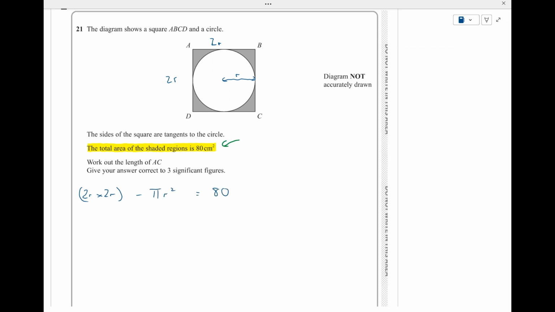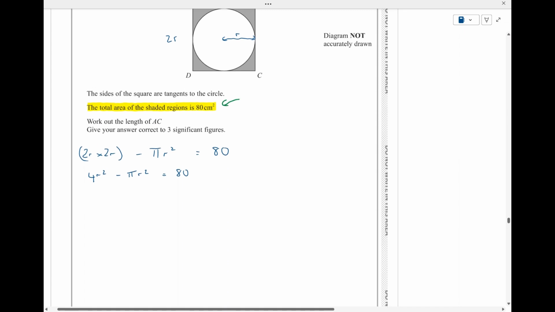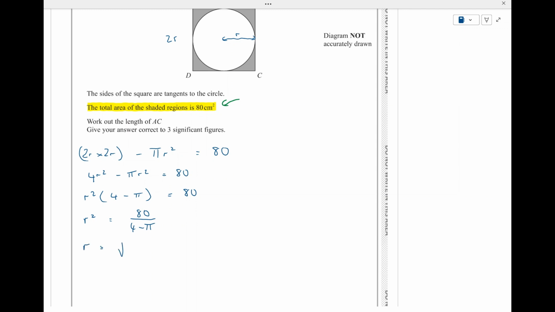And this equation now, we can solve for r. So we're going to have 4r squared minus pi r squared equals 80. Now, how am I going to solve that equation? Well, I'm going to factorize so that I've got r squared times 4 minus pi equals 80. Now I'm going to divide both sides by 4 minus pi to find r. r is the square root of 80 over 4 minus pi.